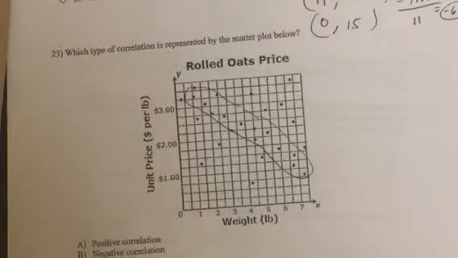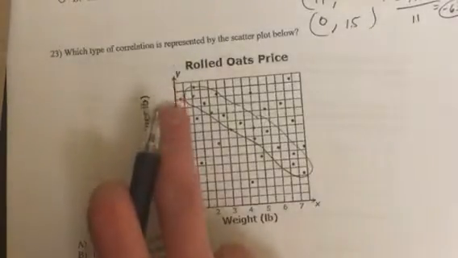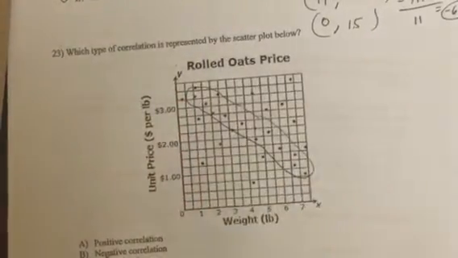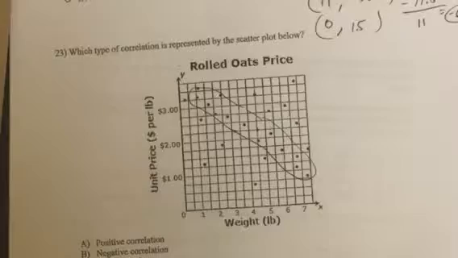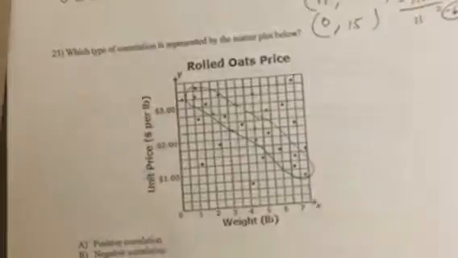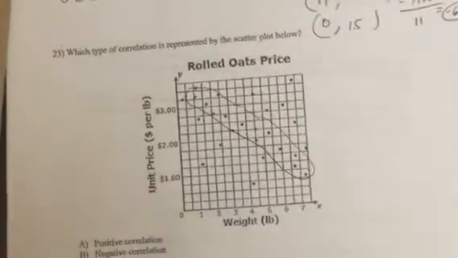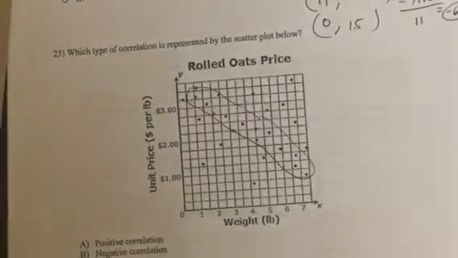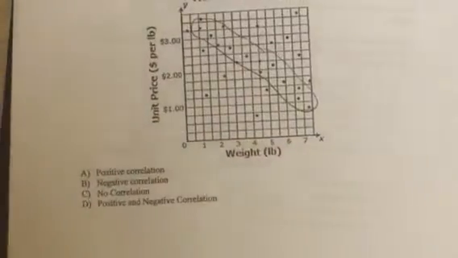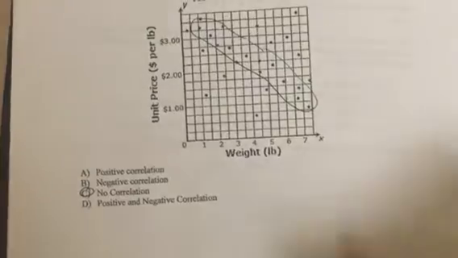You can kind of see as the price goes down, the weight goes up. But you can't really discount all of these points out here. There's 1, 2, 3, 4, 5, 6, 7, 8, 9, 10. It's a lot of points outside of the negative correlation. So I think your best bet for this particular problem would be no correlation due to all those different points.